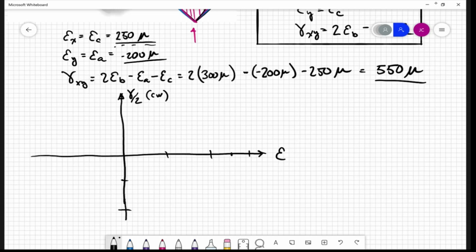But remember, that is the shear strain divided by 2. So instead of going down 550, we have to divide that by half. So that is 275.